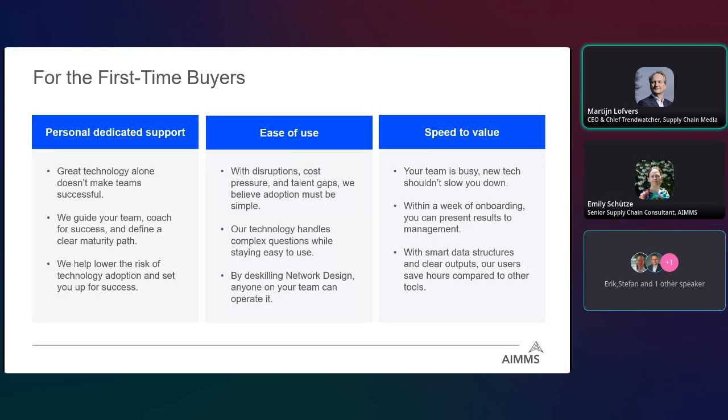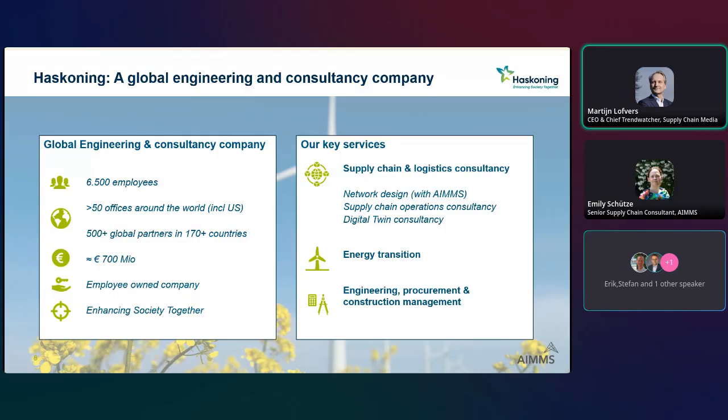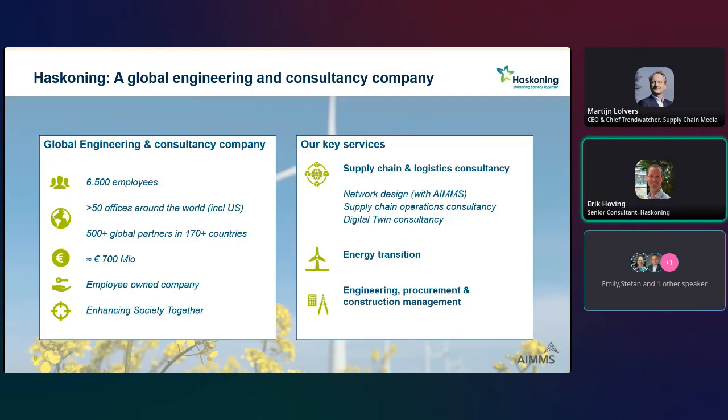All right, and Eric, talking about Haskoning, maybe you can explain a bit more about the background of your company. Yes, thank you, Martijn. So yeah, Haskoning is from origin an engineering company, but also offering consultancy. And I'm with around 80 to 100 experts, part of the supply chain and logistics consultancy team, formerly known as Districon.